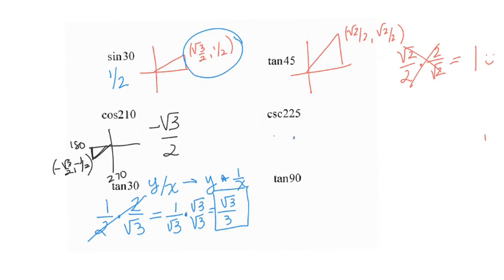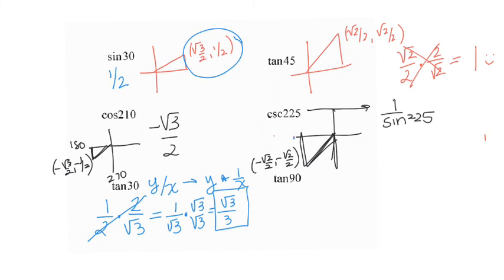All right, cosecant of 225. This one's super hard. So first, let me think of where 225 is. I think that's a 45 degree reference angle. So I know it's negative square root of 2 over 2, negative square root of 2 over 2. And I know cosecant is 1 over the sine of 225. So the sine of 225, start there, is the y value, which is negative square root of 2 over 2.